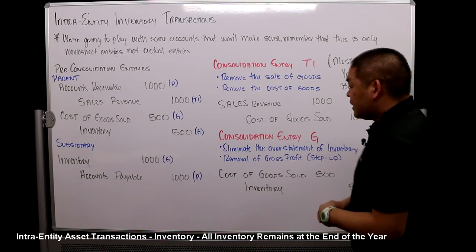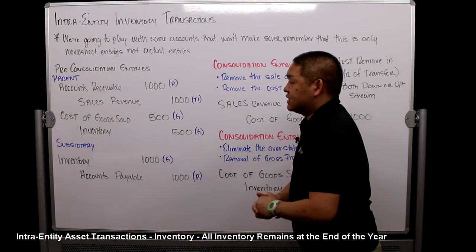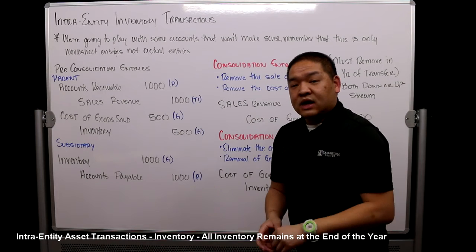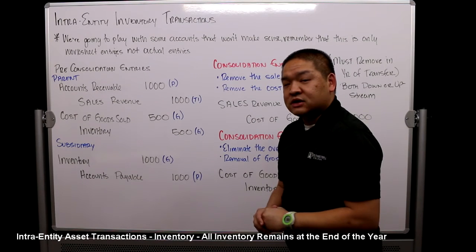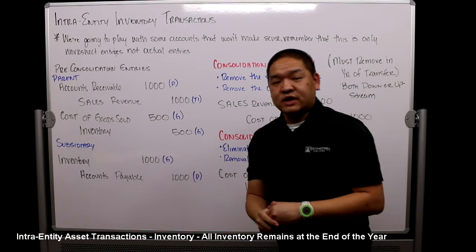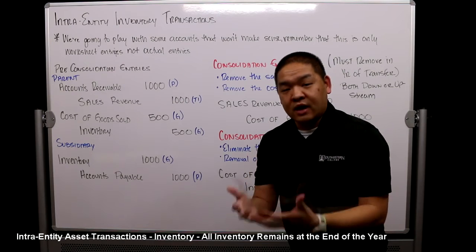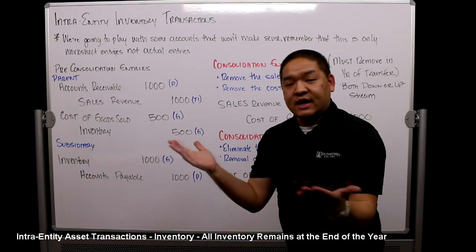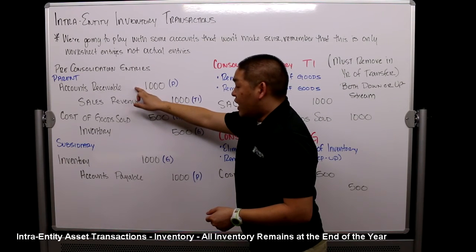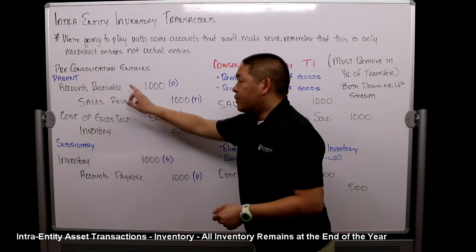Okay, now going back to the very beginning, we said, hey, why don't we just reverse all these entries at the end of the year and then we would be fine. You could do that, but in a previous chapter we talked about consolidation entry P. In consolidation entry P we said that would be the reversal of any payables and receivables by an intracompany. So notice that this is due from the subsidiary, this is due to the parent.